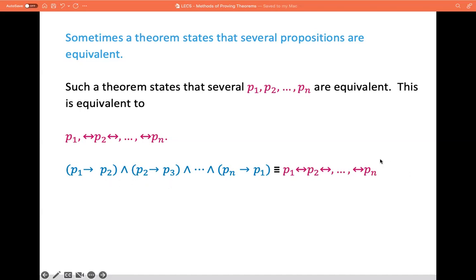So we can easily prove the equivalence of several propositions by following this form, which is much easier to prove than P sub 1 implies P sub 2 and then P sub 1 implies P sub 3, or that P sub 2 implies P sub 1 and that P sub 2 implies P sub 3, and so on. This will be a much shorter way of proving this equivalence. If we can prove that this is true, then we can also prove the equivalence of the several propositions.